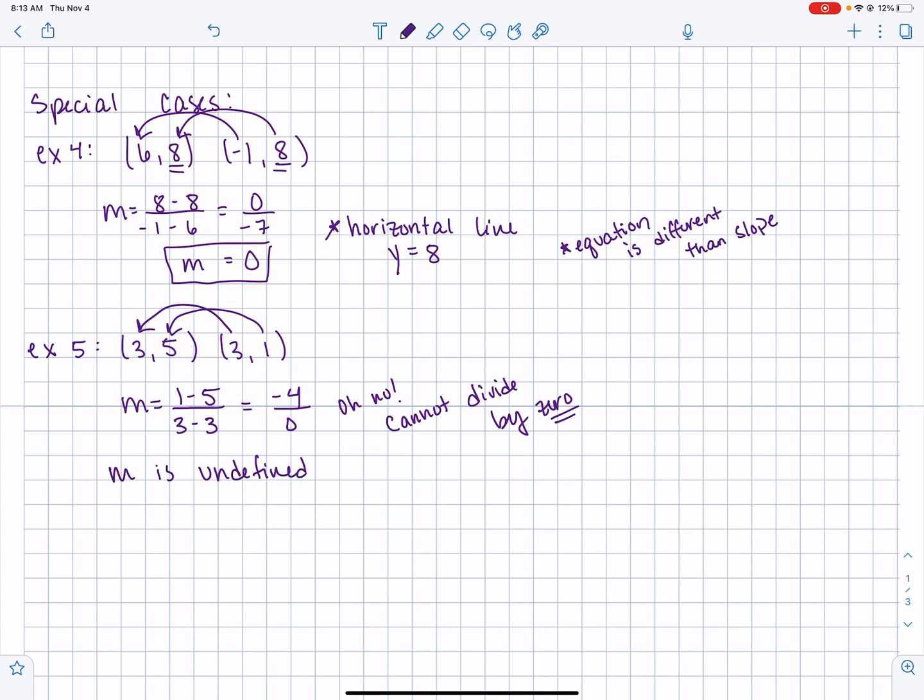It's not a number that we can work with right now. Our slope is undefined, so this is my answer right here. What we know about it is that this is a vertical line. And again, that equation of the line is going to be x equals, and we're going to look at our x values. Those x values are 3, so x equals 3. That's the equation of the line, as always. Your slope is undefined. Your equation is x is equal to 3.